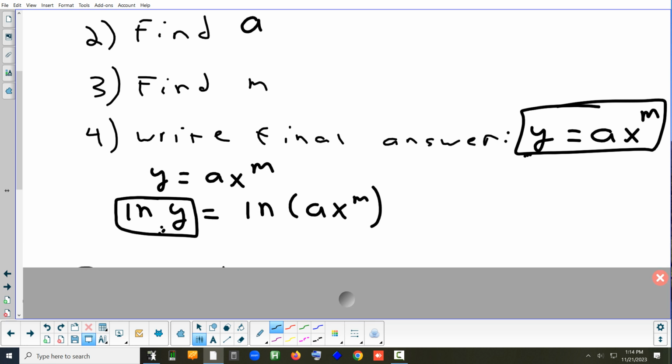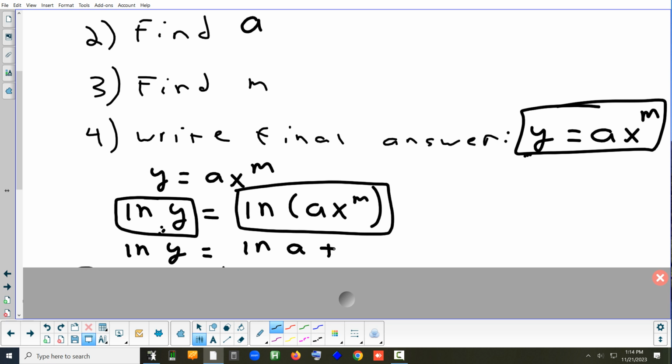There's nothing you can really break down from that. How about this side? Is there anything I can do to that side that we learned yesterday? Could you have two separate ln's? Yes, ln a plus m times ln x.